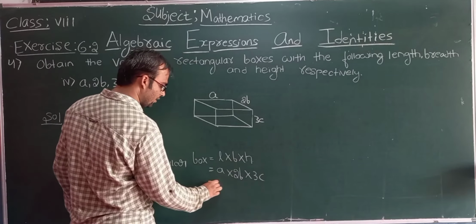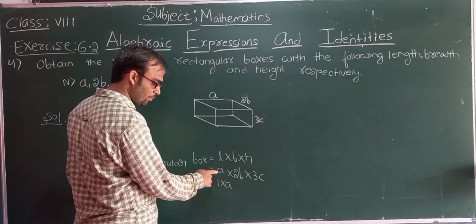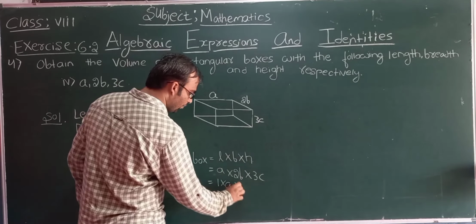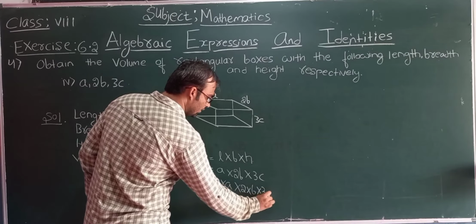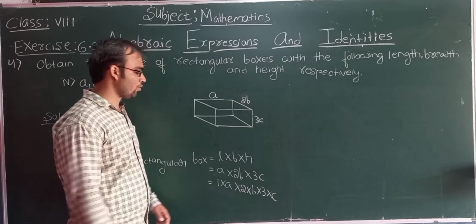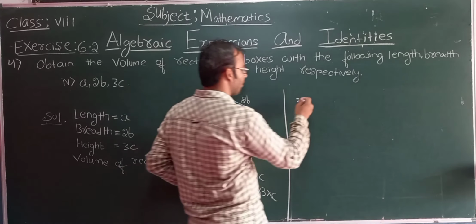We can rewrite this: 1 into a, nothing is there means 1 will be there, so 1 into a into 2 into b into 3 into c. Okay, so what we have done, we have rewritten the terms. Now students will group numbers one side and variables other side.